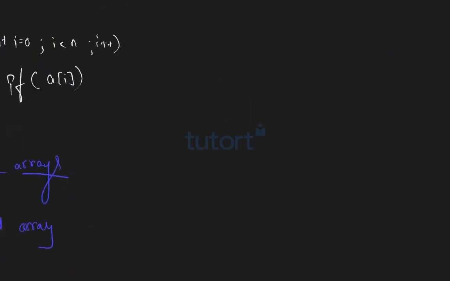There can be a 2D array, where you have rows and columns. And you have a 3D array. Apart from the row and column, you have pages also, or frames. Okay. So how does your 1D array look like?